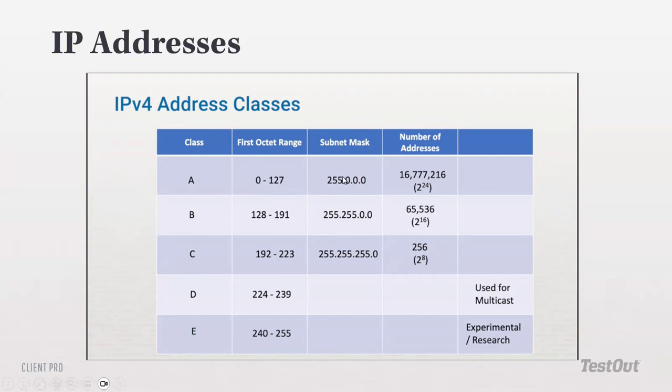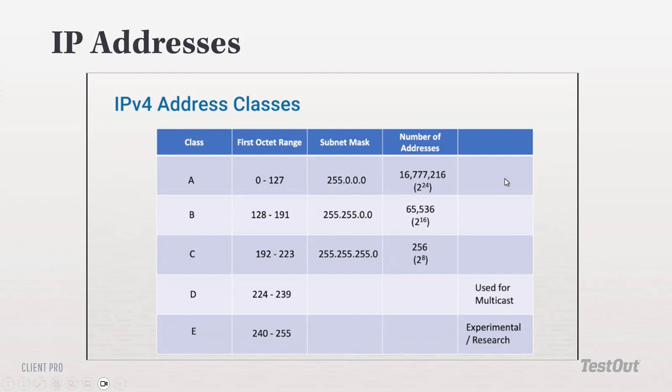The default subnet mask, I should have put the word default up here, for a class A address is 255.0.0.0, and you can have up to roughly 16.7 million hosts, 2 to the 24, on that network. You always think there's a -2 because you have to have the broadcast address, which is the highest number, and the network address, which is the lowest number.